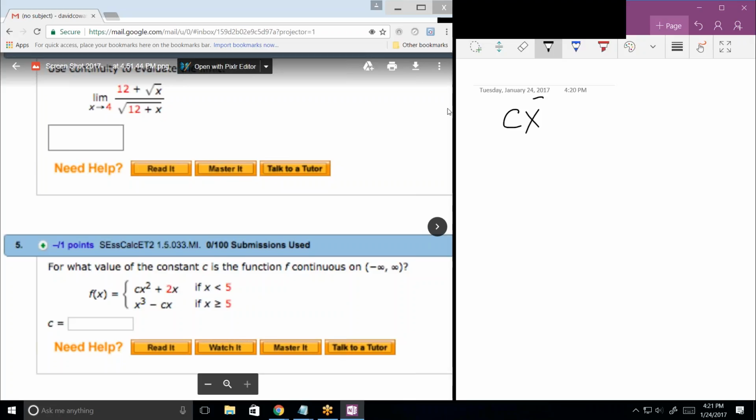The piecewise function is equal to that whenever x is less than or equal to 5, and it's equal to this whenever x is greater than or equal to 5. So for this to be continuous, what would have to be true?